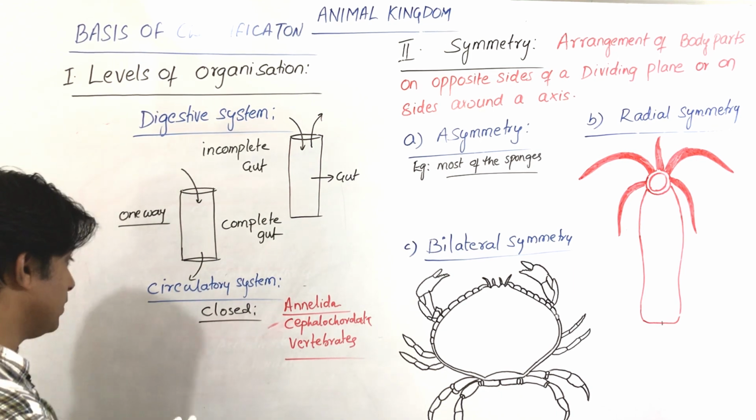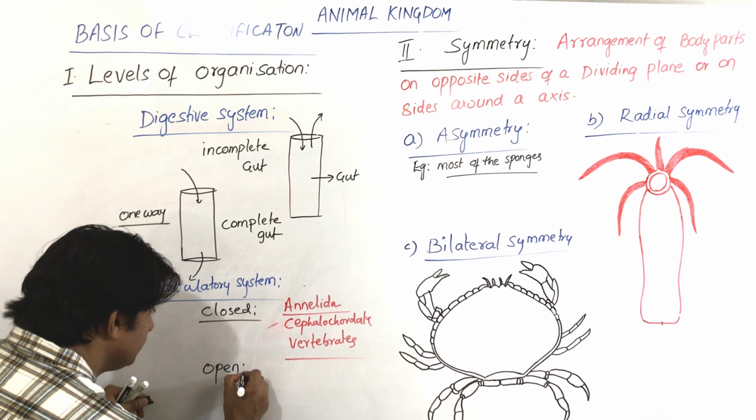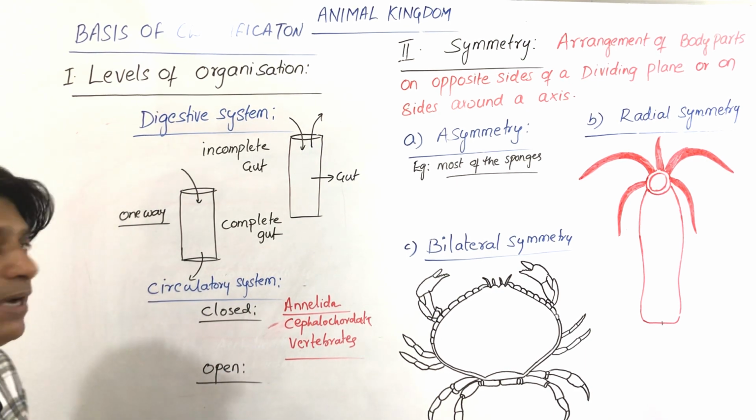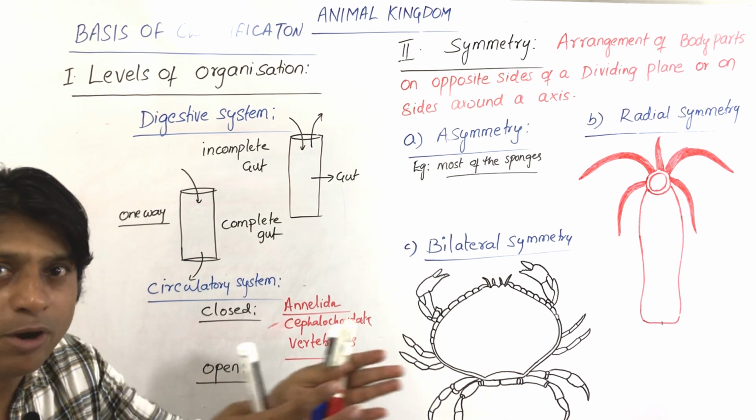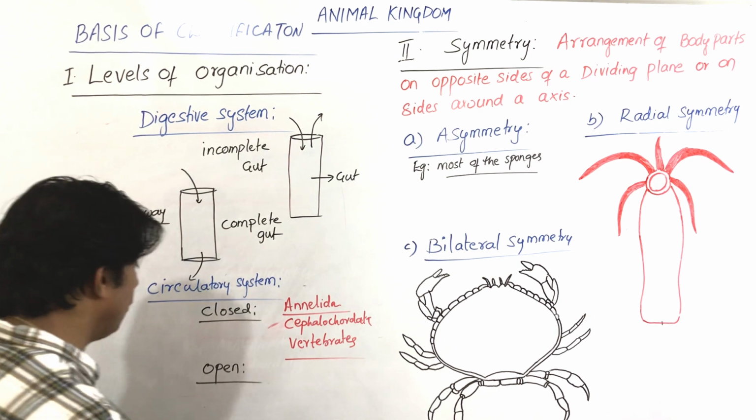This is how you can see closed circulation, where the blood flows in closed vessels. Next, there is open circulation, open type. In the open type of blood circulation, blood flows in body cavities, in spaces. So this is called open type.